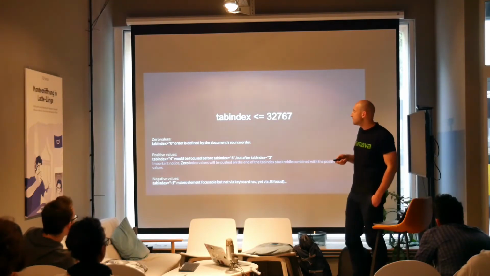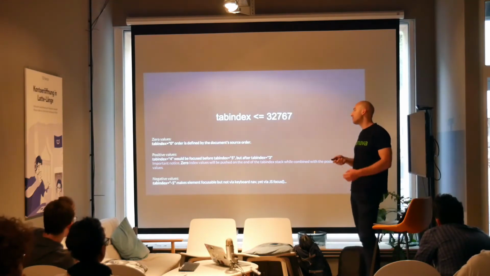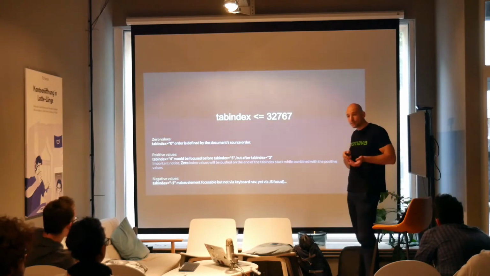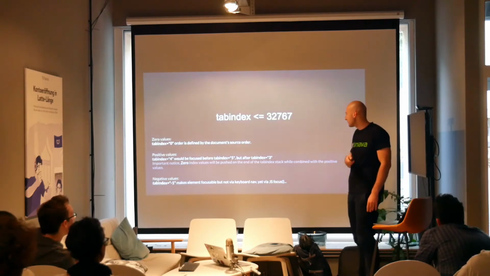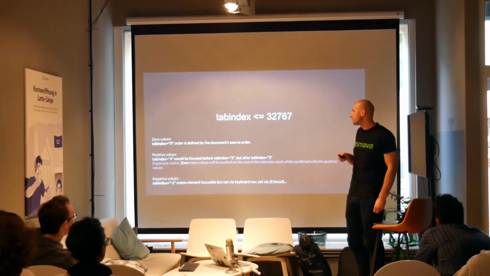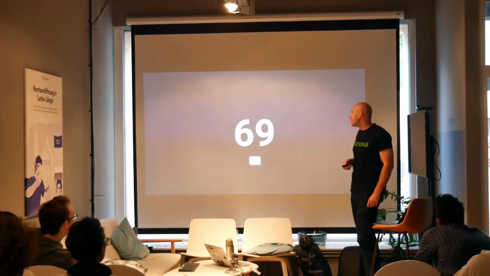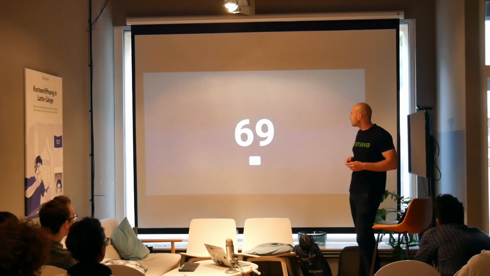You can also put a negative value, usually -1, and that element is not focusable with the tab, but you can focus it with JavaScript, which is sometimes useful. And now we talk about the KeyCode part.